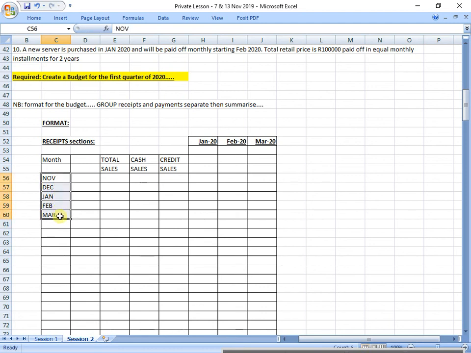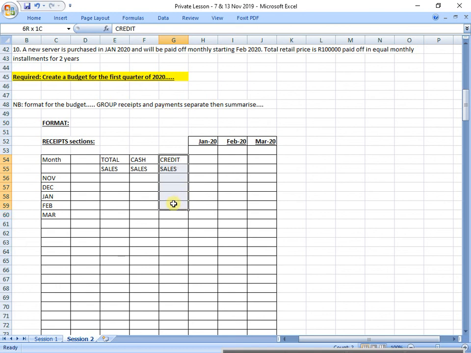Those are the months that you're going to be analyzing, because you're going to have to see how much did I make in terms of sales? How much of it was cash, which is what I actually get when I make the sale? And how much of it is credit?